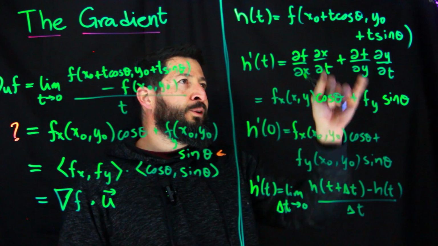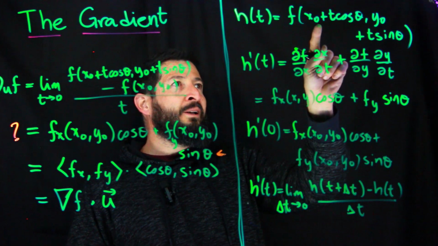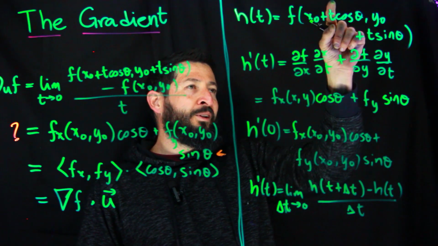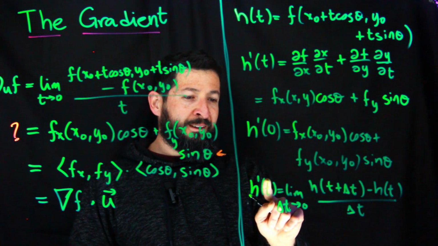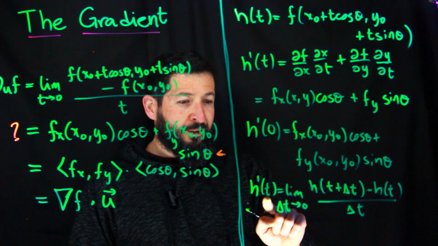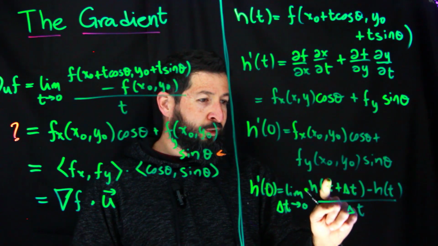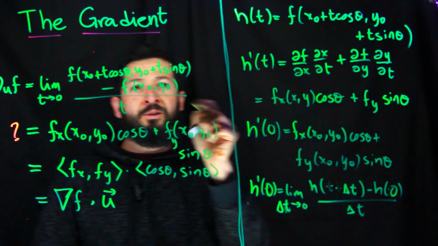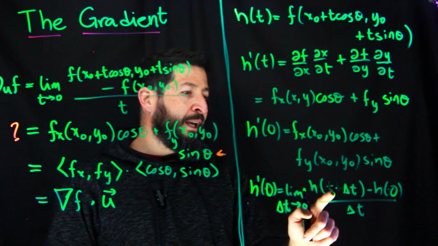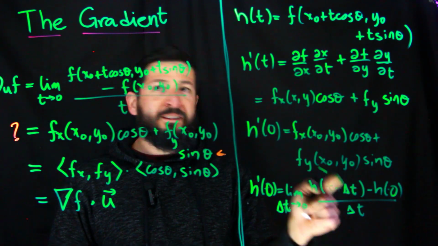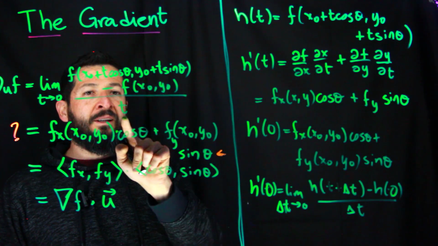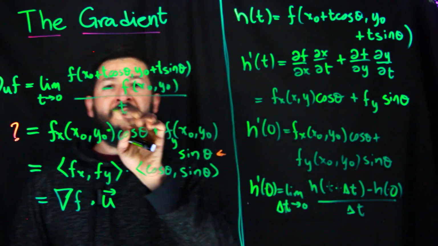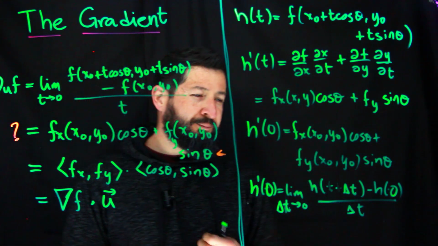And so if you evaluate this, I'm going to evaluate this at 0, so I'm going to change this t for 0. This is just going to become delta t, and this is going to become 0. So when you evaluate h at 0, you get this expression right here. When you evaluate h at delta t, you get this expression just with delta t. This expression is identical to this one, just replacing t with delta t.